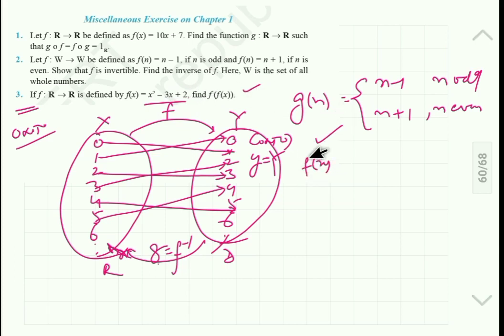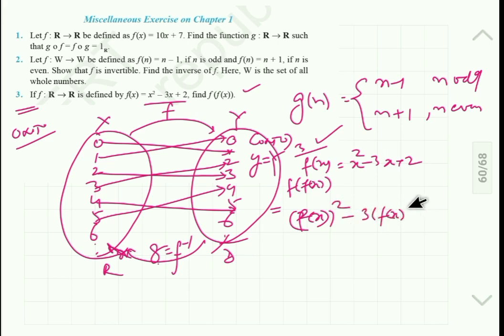It is question number 3. f(x) is equal to x square minus 3x plus 2. So f will be taking f(x) as the input. So f of f(x) is equal to f(x) whole square minus 3 f(x) plus 2. f(x) whole square means that we have to square this complete term.